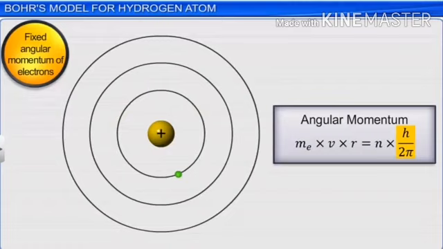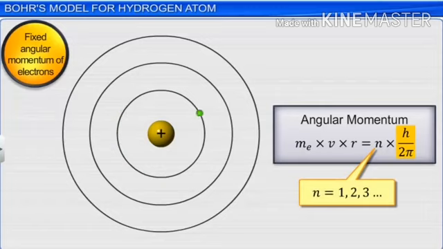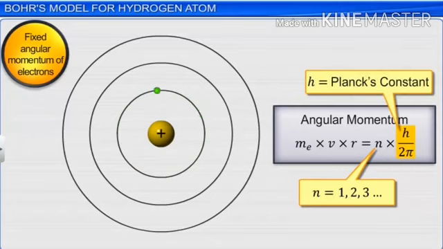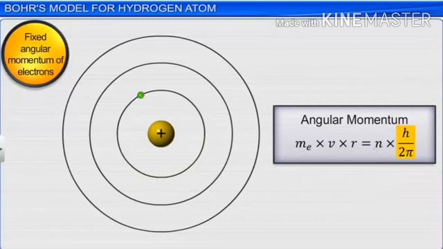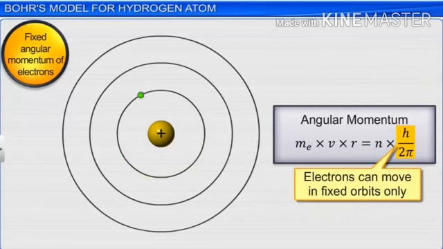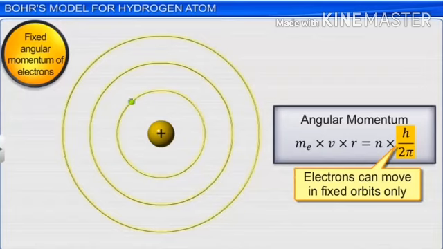The electron can move only in those orbits for which its angular momentum is an integral multiple of h by 2 pi. That is why electrons move only in certain fixed orbits. So the angular momentum of the electron in a given stationary state is given by the equation m v r equals n h by 2 pi.